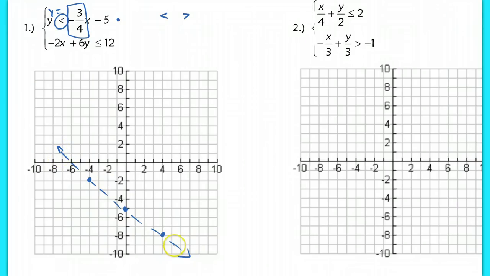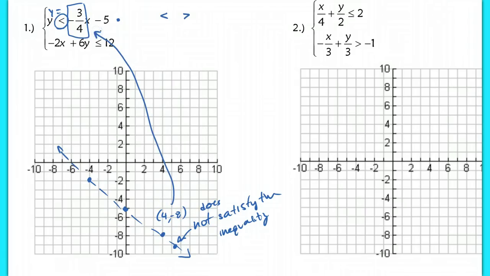So a point like here does not satisfy the inequality. Meaning if I plugged in a coordinate, let's say one that actually went through at 4, -8, and plugged that in for x and for y here, I would get a false statement because that does not satisfy the actual beginning inequality.